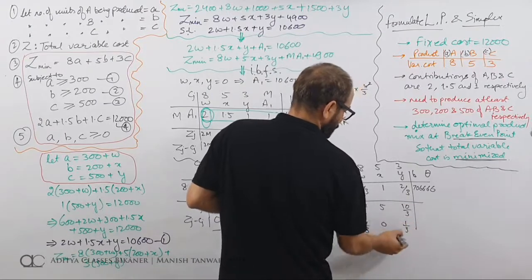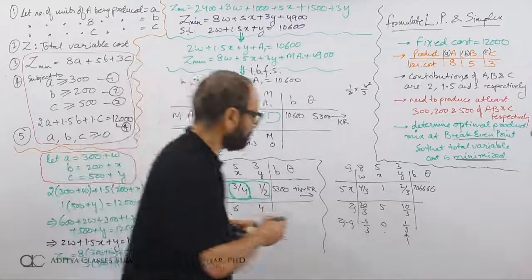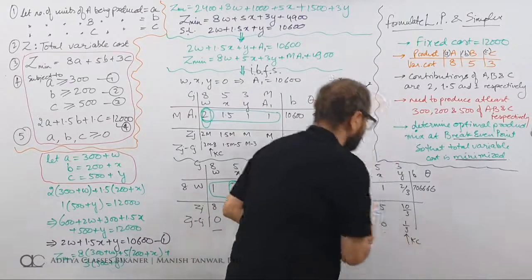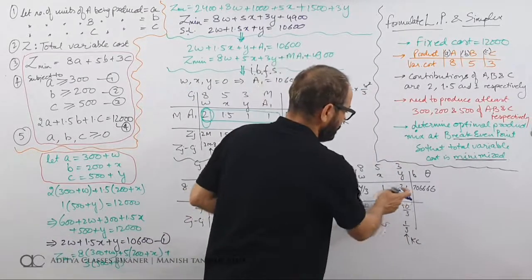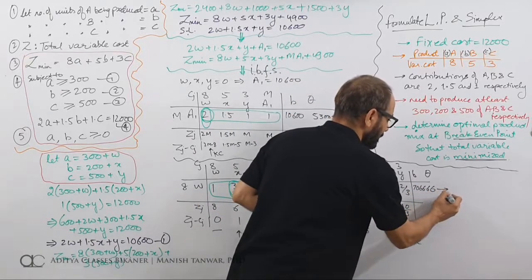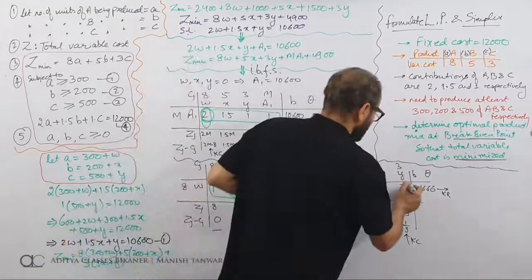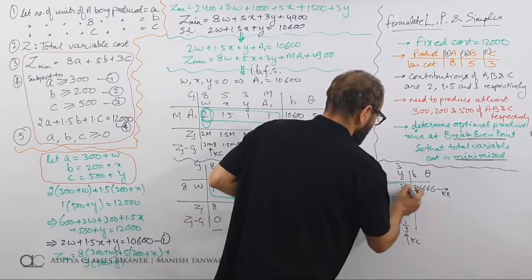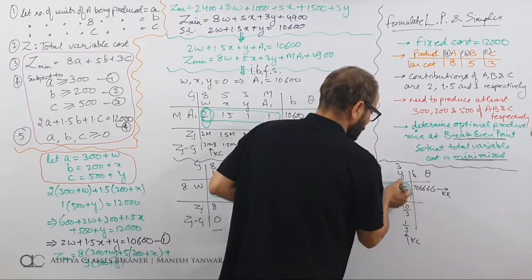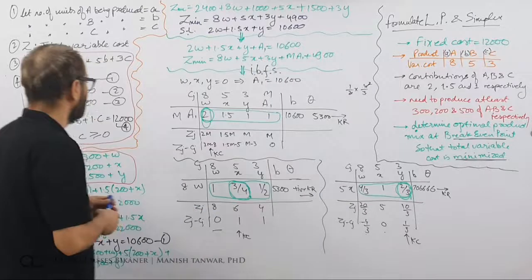So, negative, 0, this is positive, giving me my key column, and 7,066 divided by 2 by 3 will be something positive. So, this will be my key row. So, this time I have key row, I have key column, and intersection is key element. Now, we are running short of space.